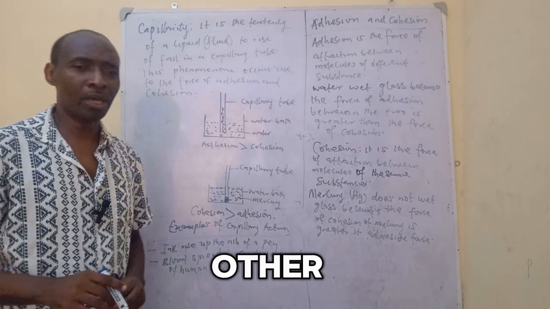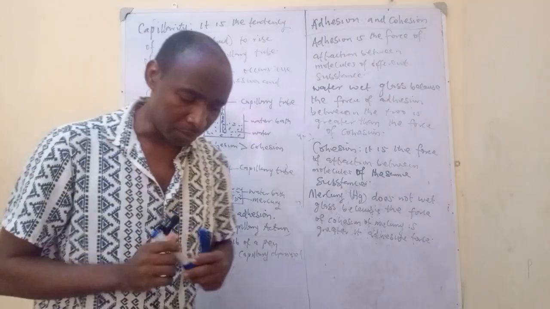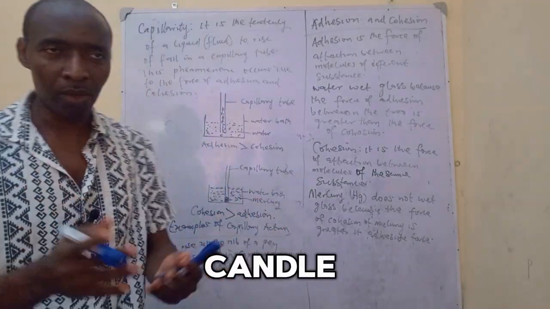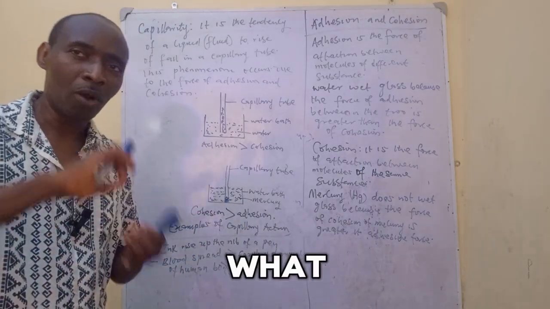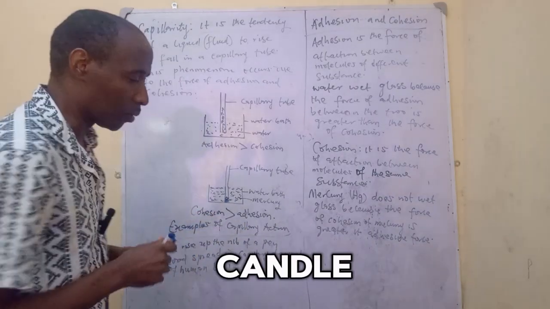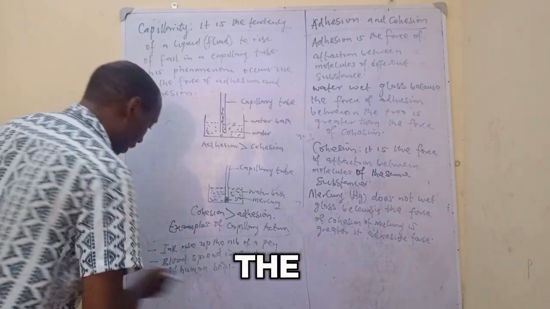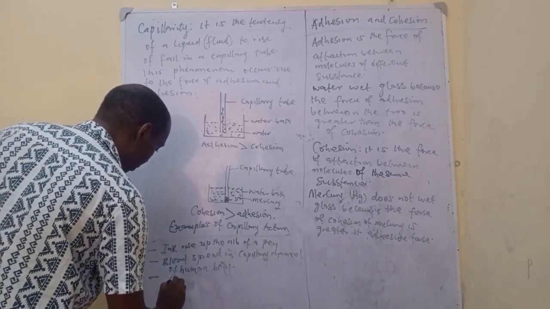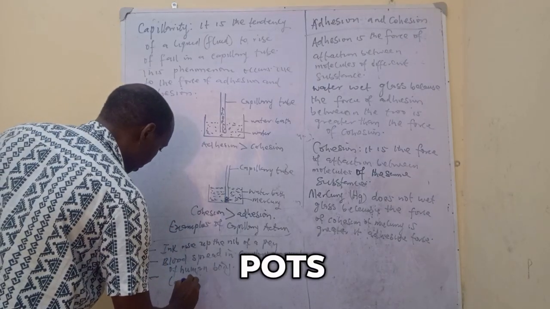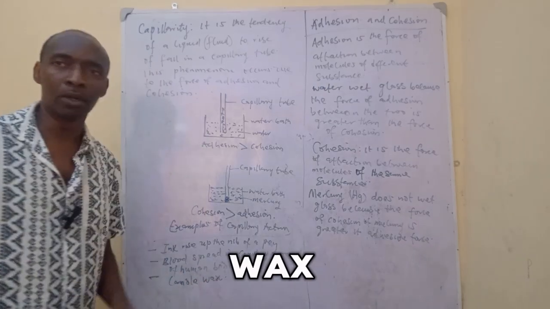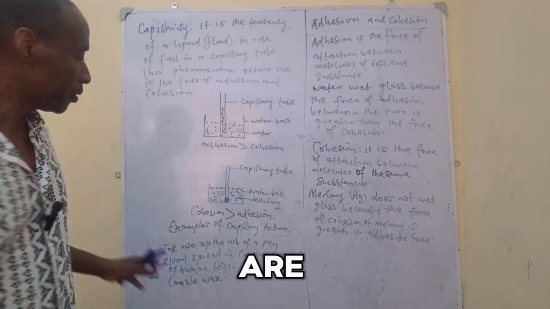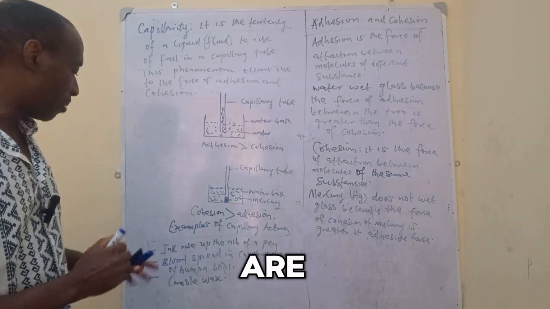Then we have the candle wax. The candle wax rises up the wick of the candle. So these are some basic examples.